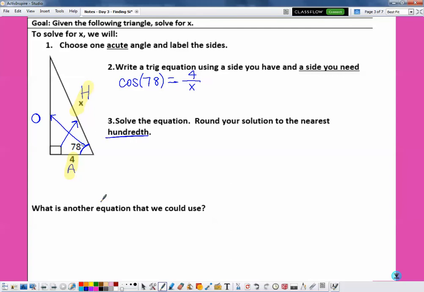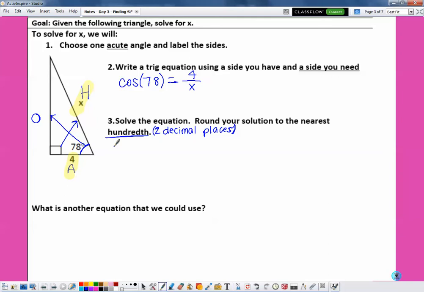Who remembers how many decimal places hundredth is? Hundredth means 2 decimal places. So we'll need to remember that at the end.